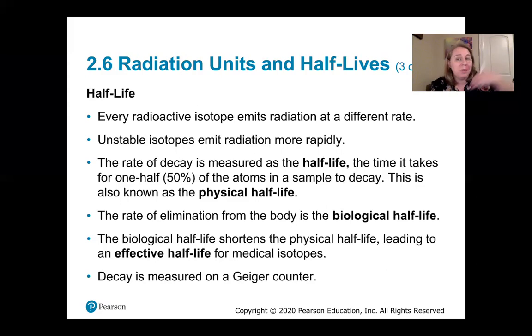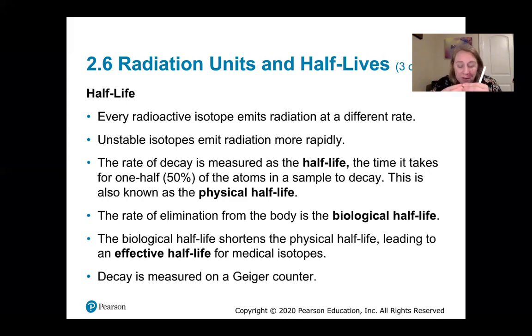Now, if you put that radioactive sample inside of the body, not only do you have that physical half-life, but also a biological half-life. Maybe you're going to urinate a bunch of it out and eliminate it from your body that way. So you have to take into account both the physical half-life and the biological half-life for medical isotopes.